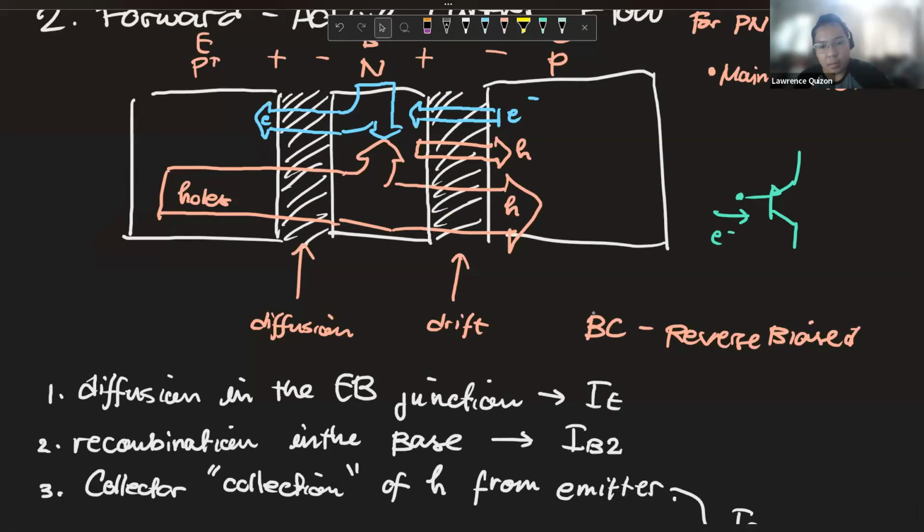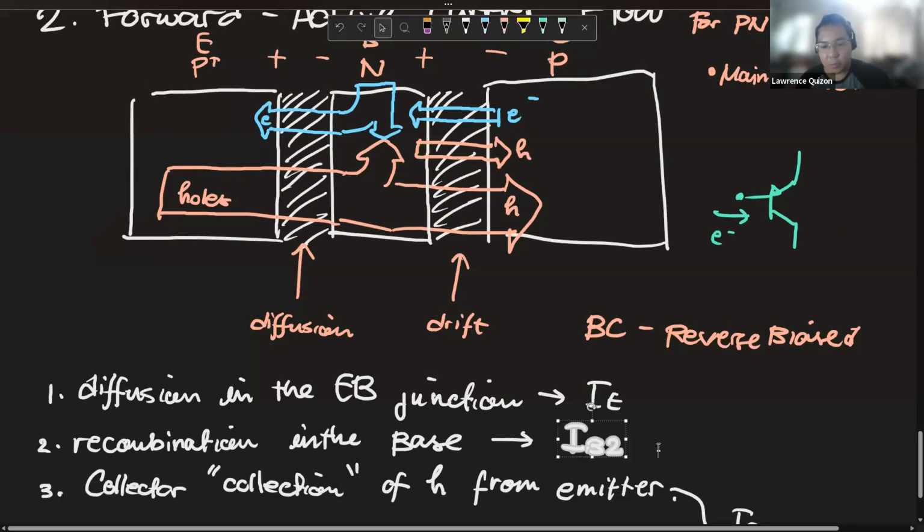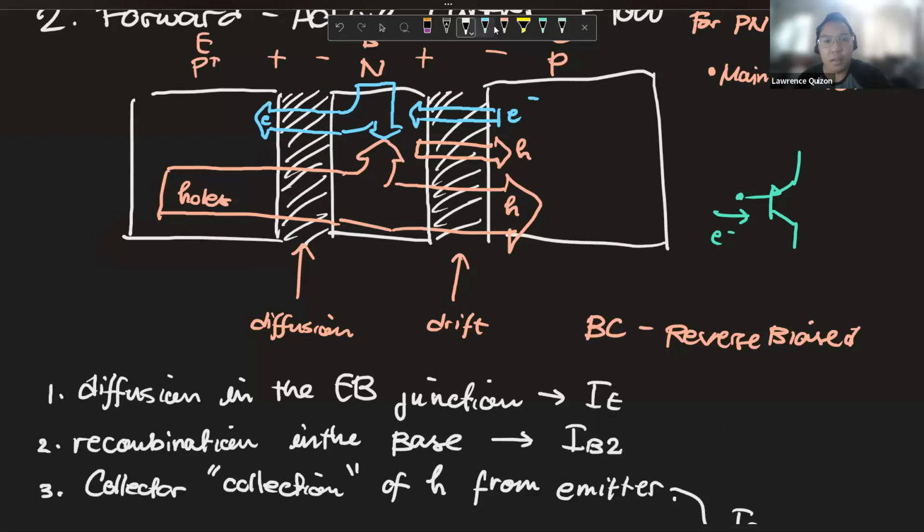Now, bakit ko tinawag na IB2 to? Well, that one is actually right here, so that's IB2. Tapos ito yung isa pang IB, so that's IB1. Kasi of course, kapag nag-diffuse yung electrons from the base to the emitter, it has to be replenished as well, right?